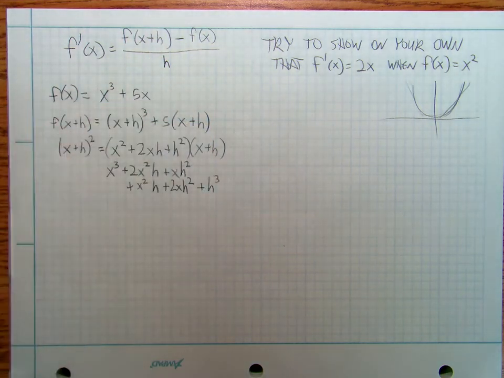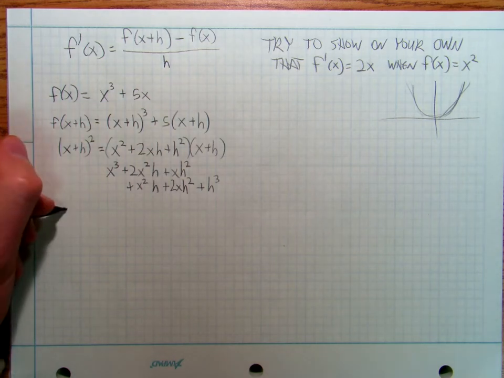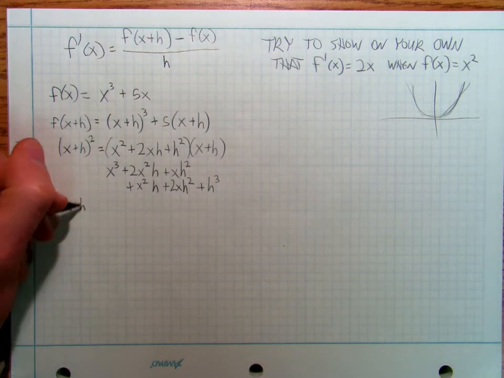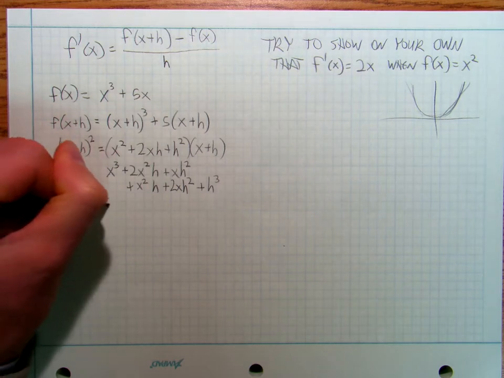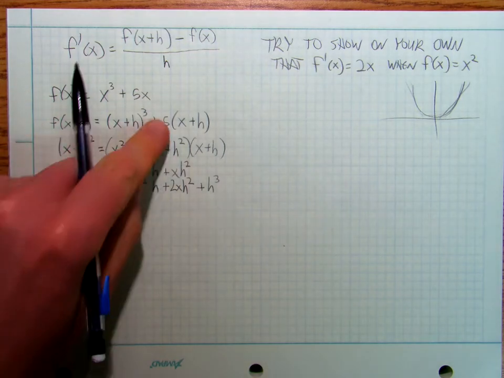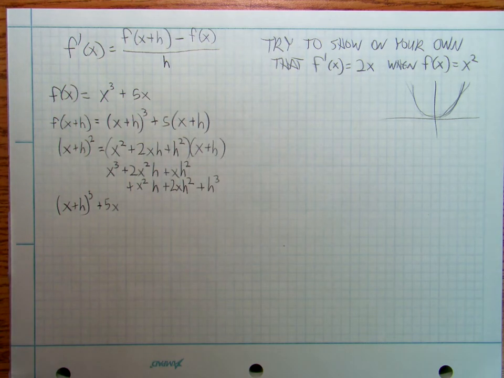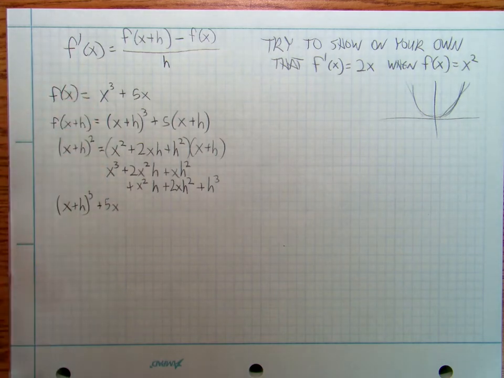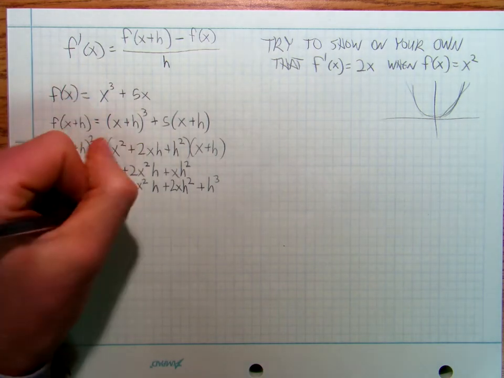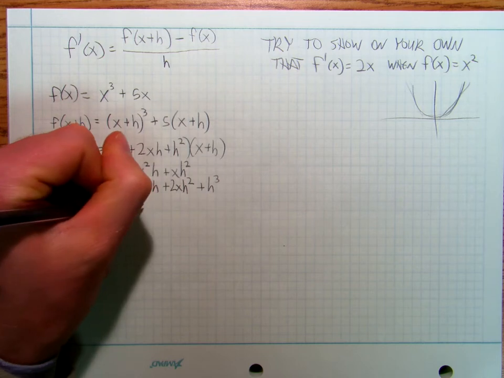So I'm going to say that x plus h cubed plus 5x, oh, and then I've got a 5x. Where do I want to put that? I'm going to put that right there. Plus 5h.